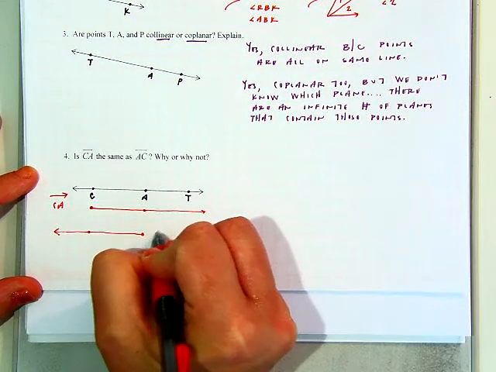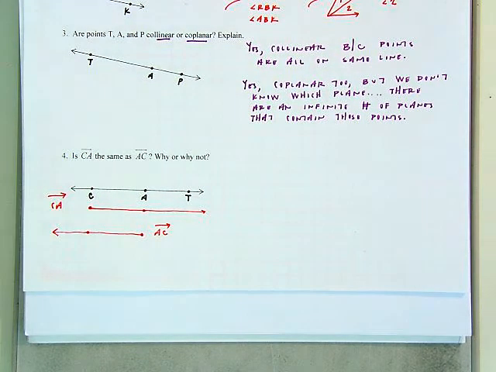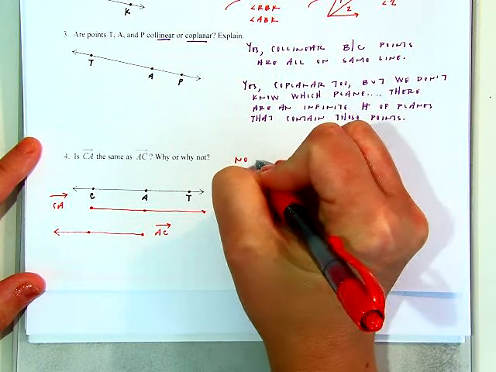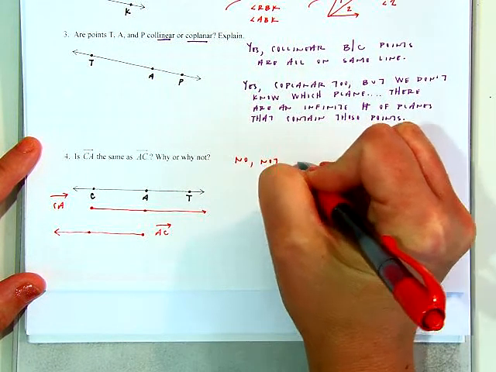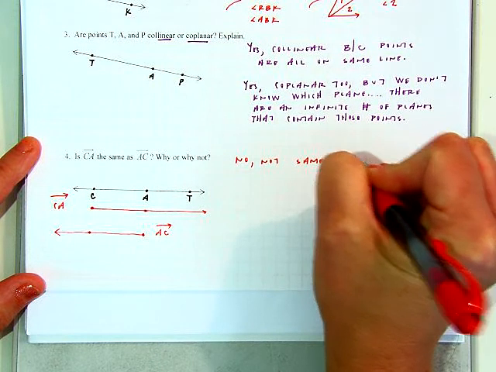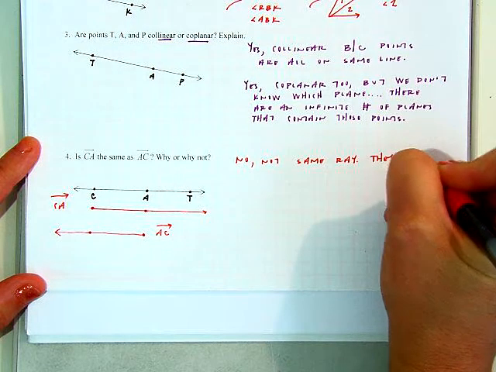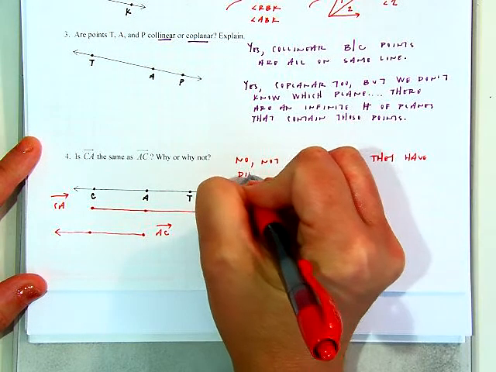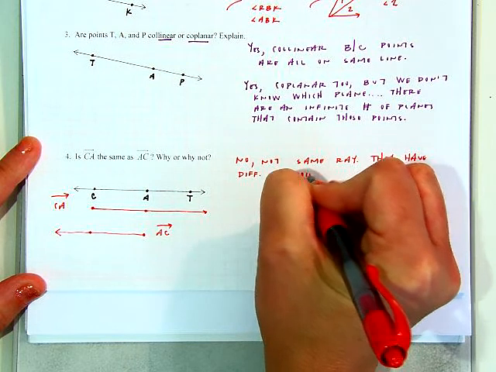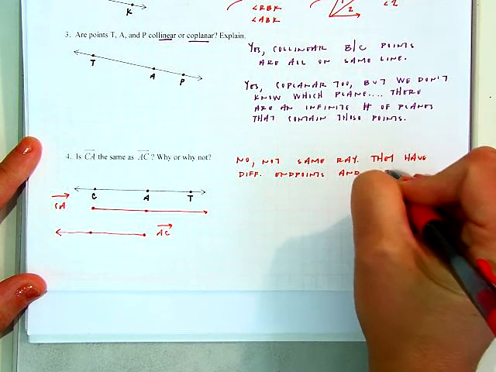So we can see that they are not the same ray. So no, not the same ray. They have different endpoints and extend in opposite directions forever.